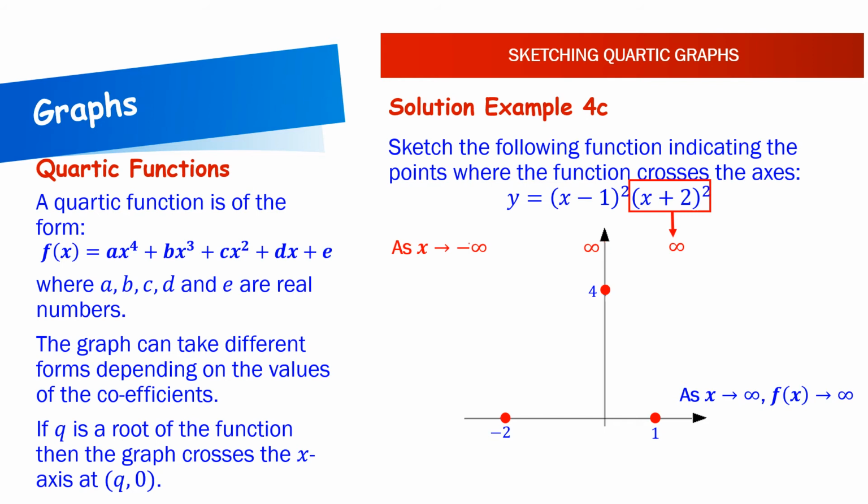So as a positive number times a positive number is also positive, we have that f of x tends to positive infinity. So incorporating these points, the graph should look something like this.